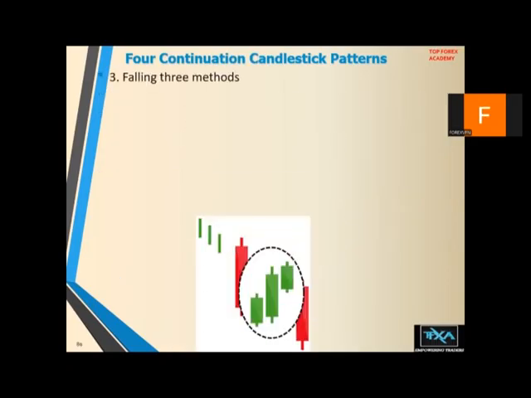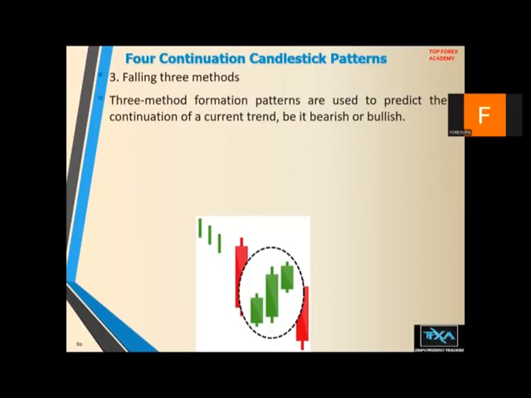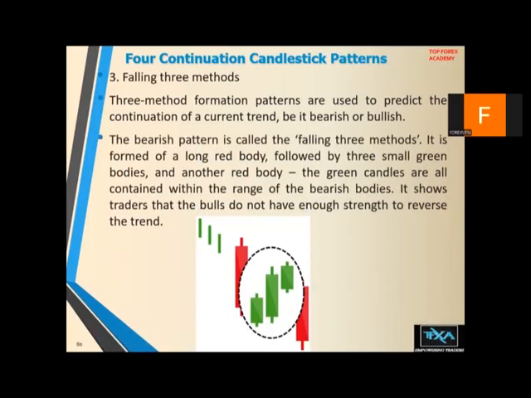The next on the list is the falling three methods. Three method formation patterns are used to predict the continuation of a current trend, be it bearish or bullish. The bearish pattern is called the falling three methods.